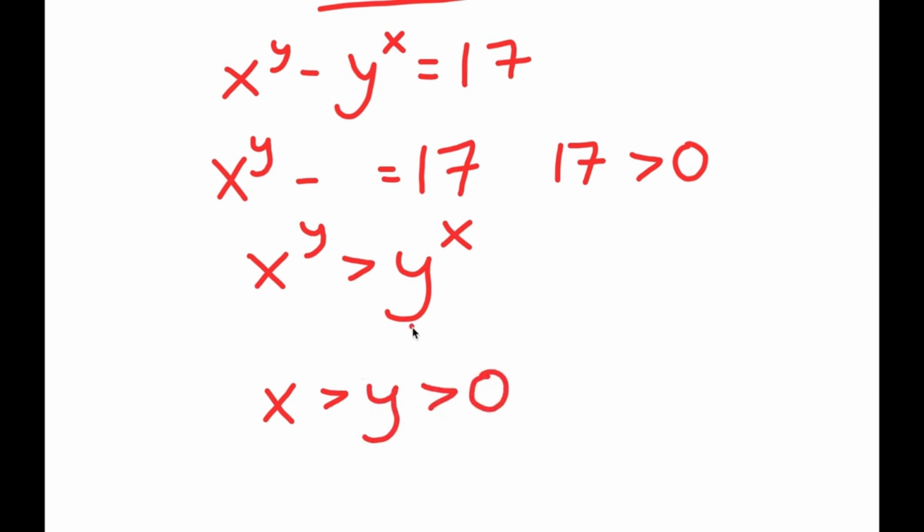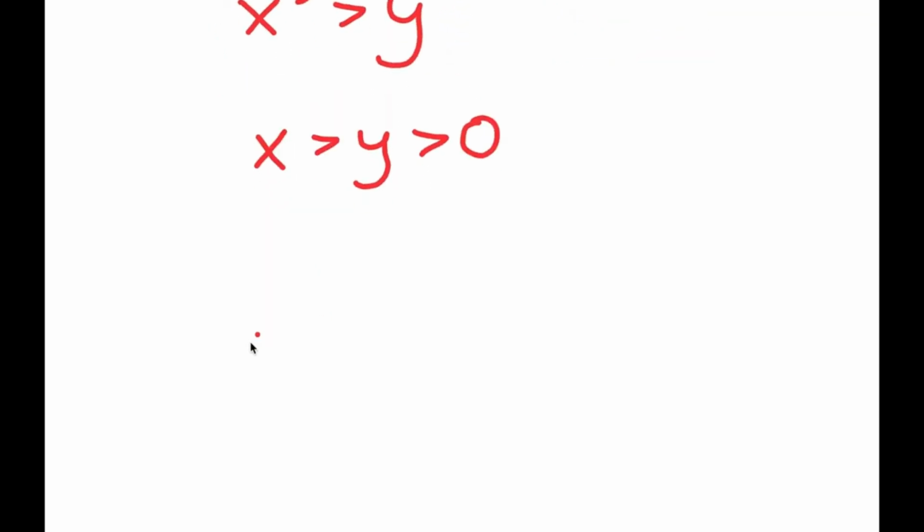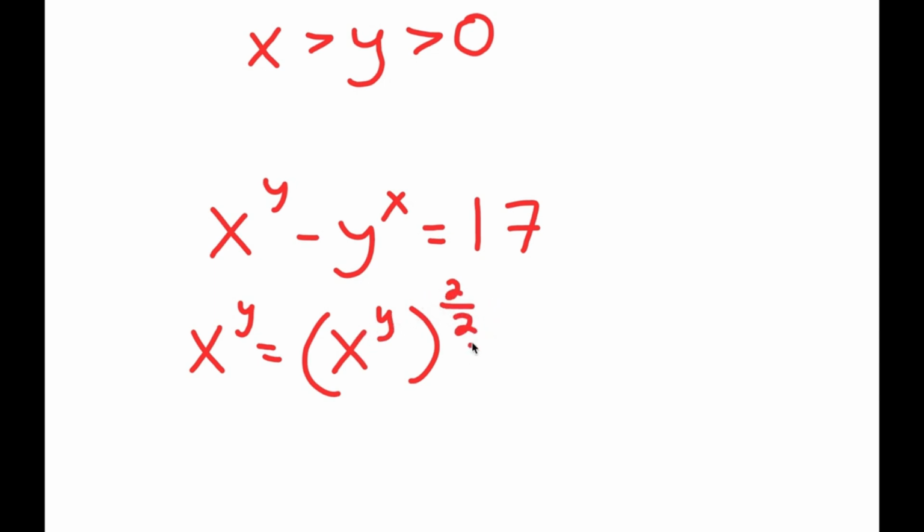So now that we know this, I'm going to rewrite my equation here. X to the power of y minus y to the power of x is equal to 17. And x to the power of y, I can rewrite this as x to the power of y to the power of 2 over 2, because 2 over 2 is the same thing as 1, and x to the power of y to the power of 1 is the same thing as x to the power of y.